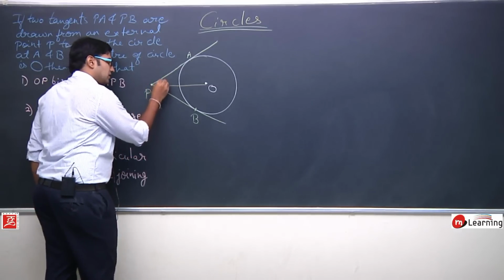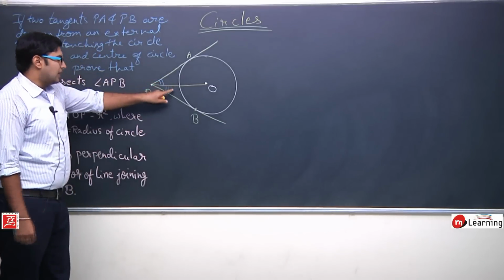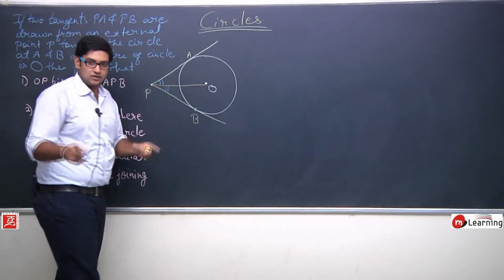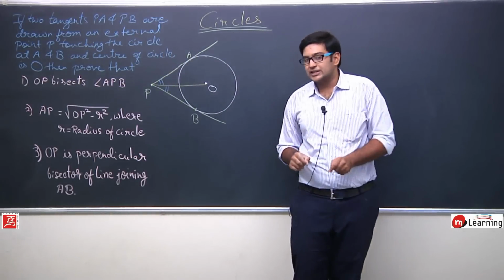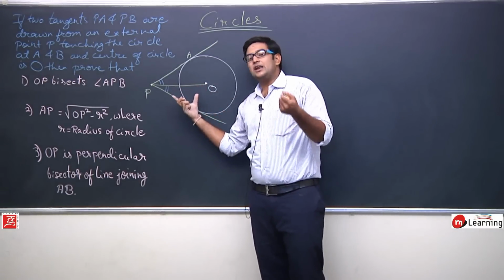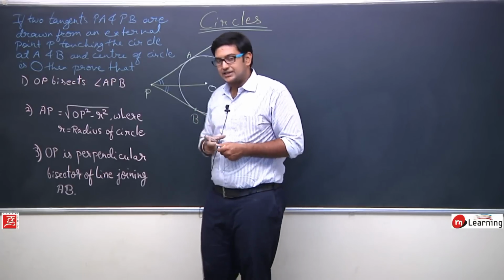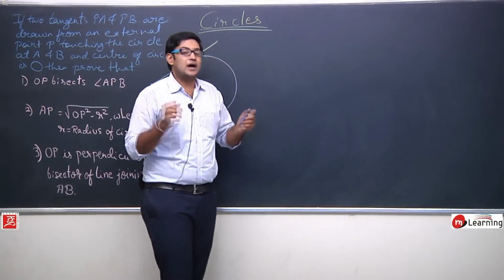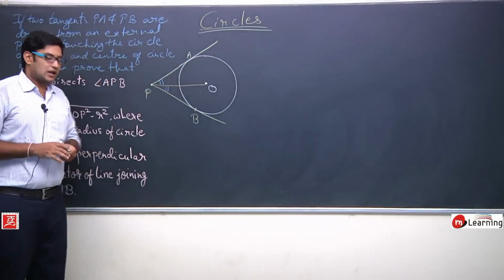Because OP bisects, तो हमें क्या करना है? हमें इन दोनों एंगल्स को बराबर प्रूव करना है. ओके, अगर हम किसी तरह से इन दोनों एंगल्स को बराबर प्रूव कर देते हैं, then definitely I can say that OP is the angle bisector. ओके, OP क्या कहलाएगा? एंगल बाइसेक्टर, दो बराबर टुकड़ों में बांट रही है. ओके, तो ये हमें प्रूव करना है.